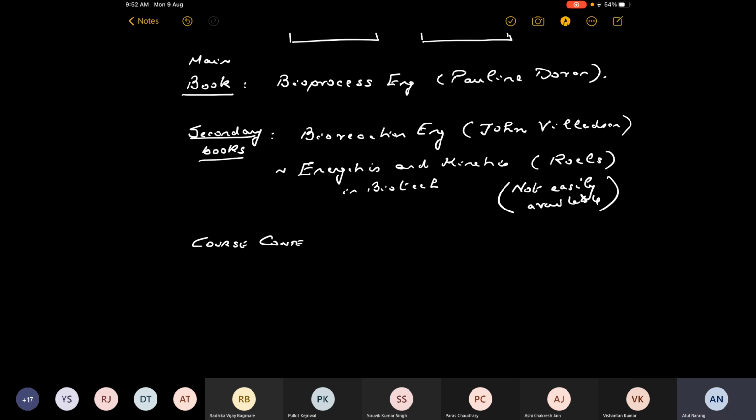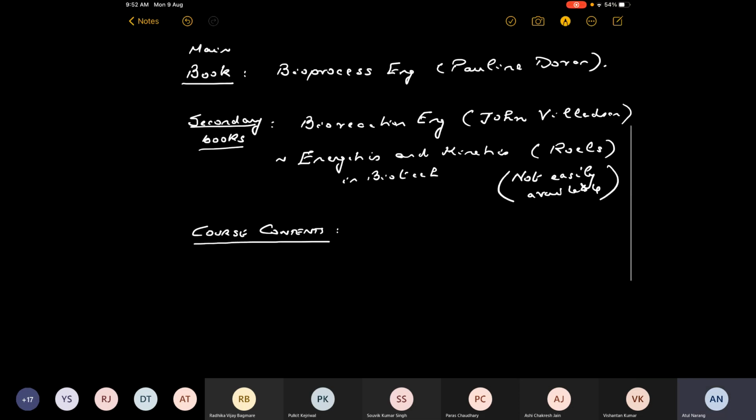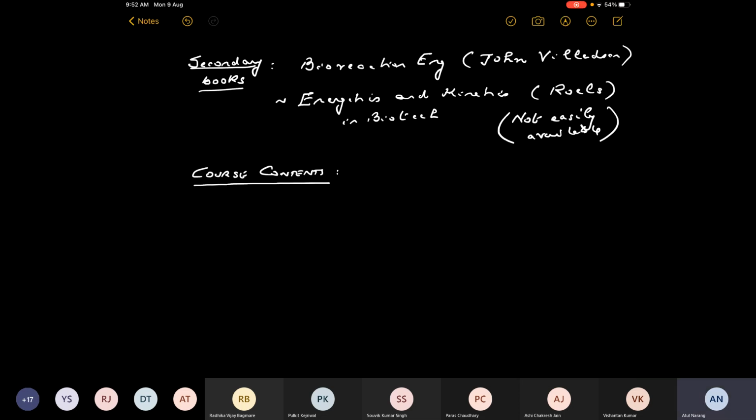So just to put it in perspective, these are the principles that govern reaction kinetics. This you have already done, I suppose, in chemical engineering.